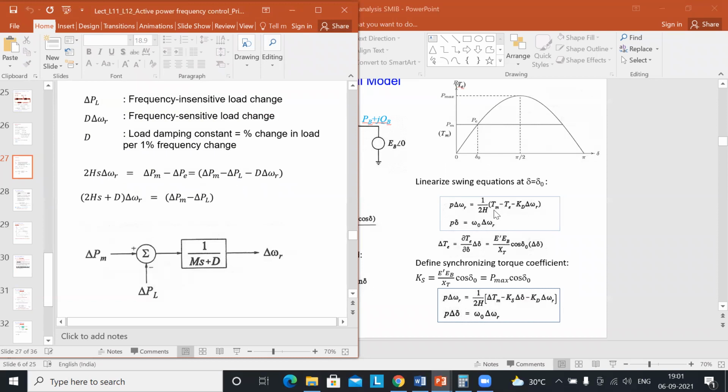It is the same thing, but instead of D, the notation here is KD. And this is TM, and this is PL, that is the electrical load.